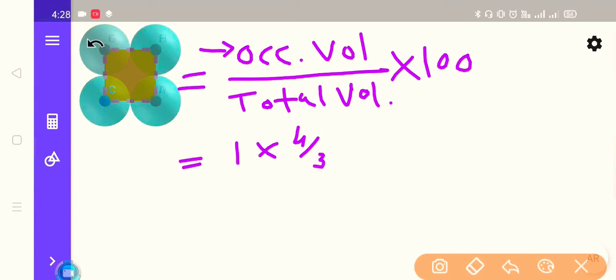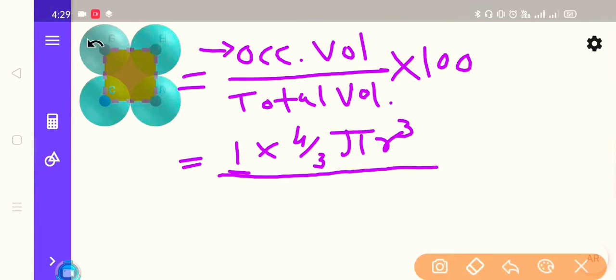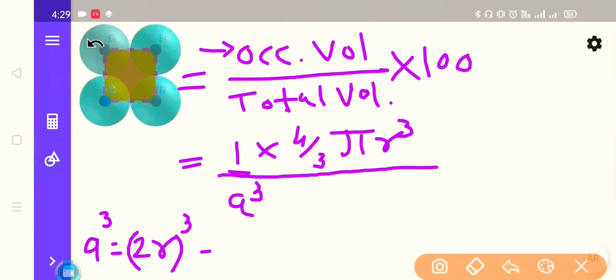It is 4/3 pi r cubed. So we have one sphere multiplied by the volume of sphere equation. Now total volume: as mentioned, total volume is equal to a cubed, because we have a cubic shape here. But from the relationship between a and r, a is equal to 2r, so a cubed becomes (2r) cubed, which is equal to 8r cubed.